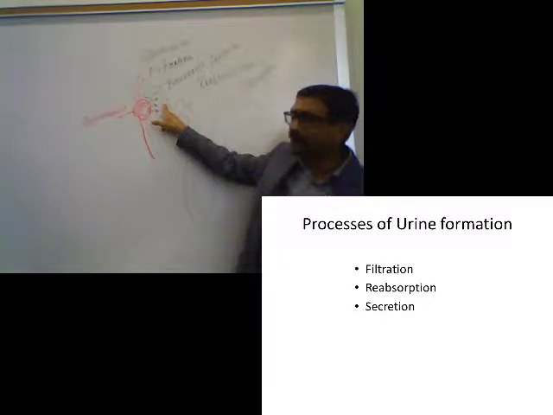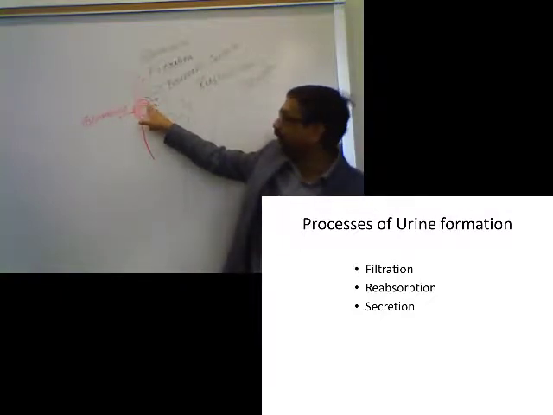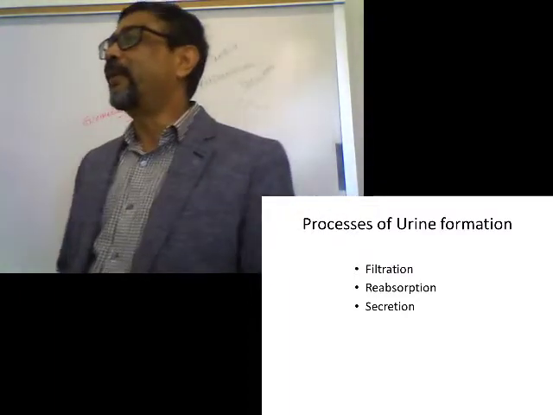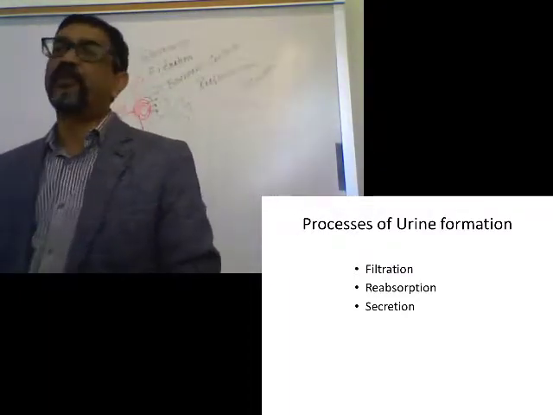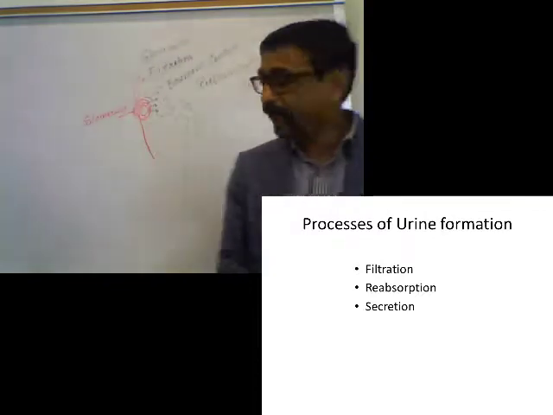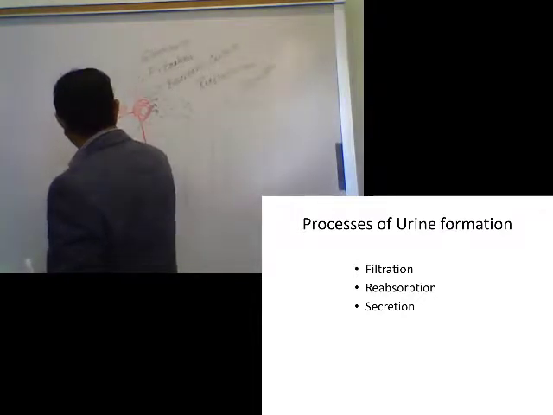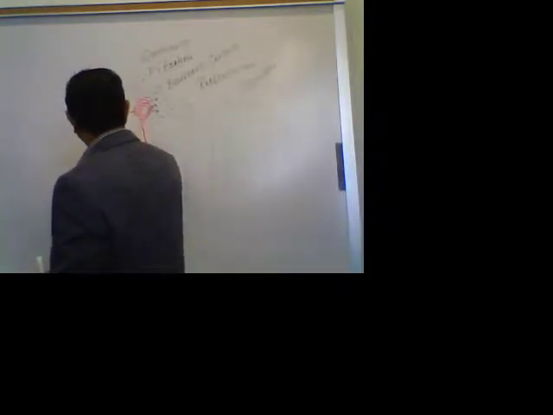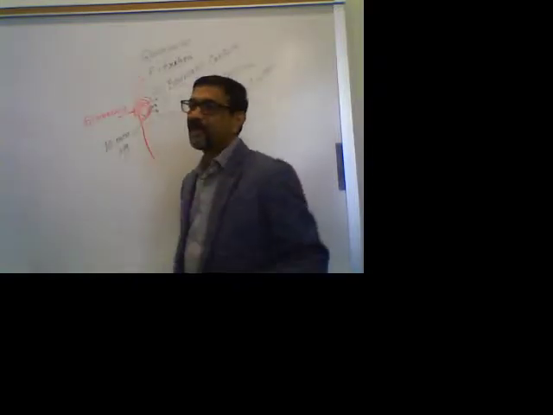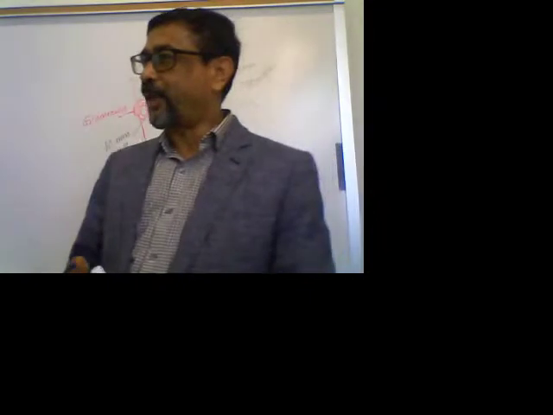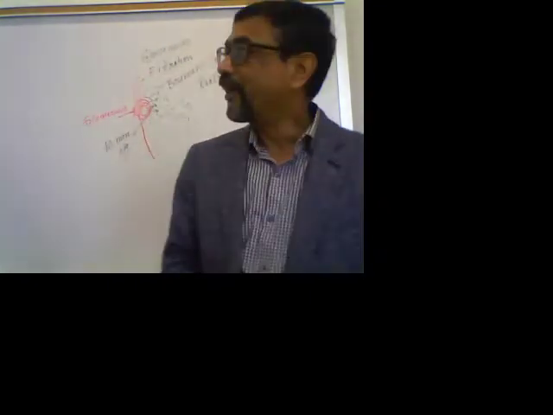So the pressure of fluid here is higher than here. And how much higher? Normally about 10 millimeter of mercury. That pushes the fluid out from the blood. So that is the filtration.